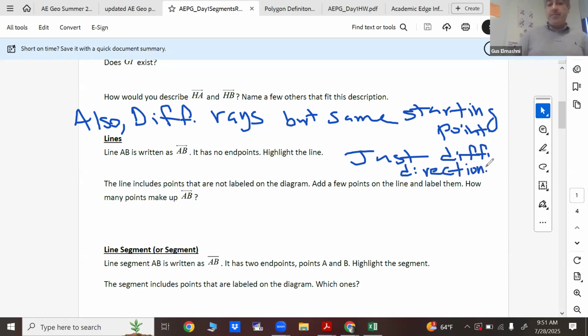Now a line has no endpoints. It goes on forever, in both directions. Where rays go forever in one direction, a line goes forever in two directions.